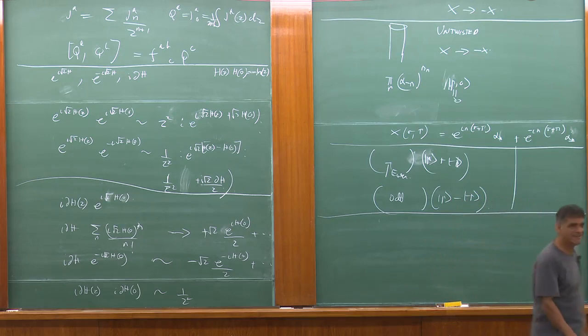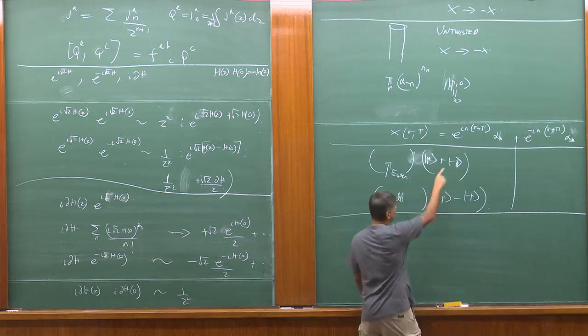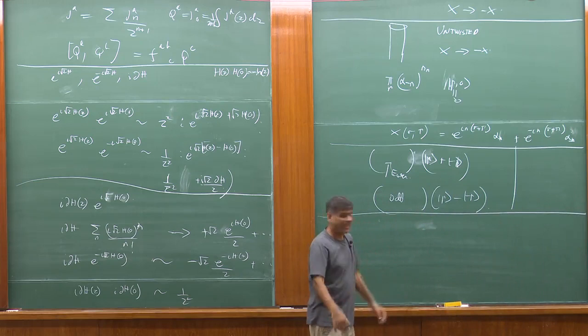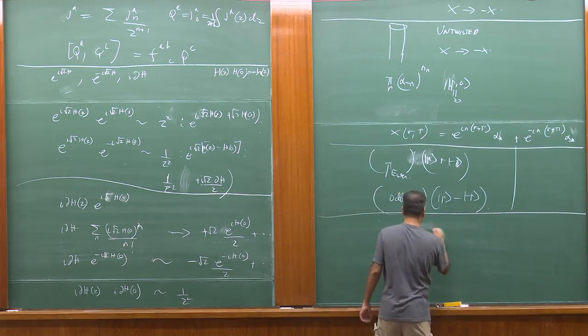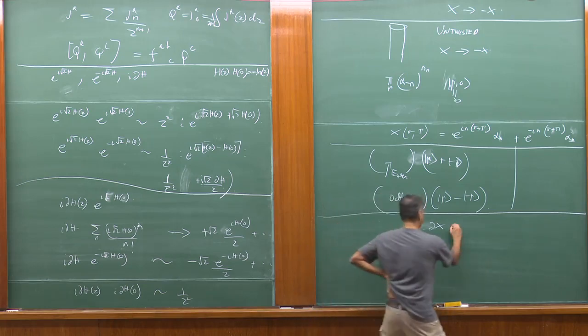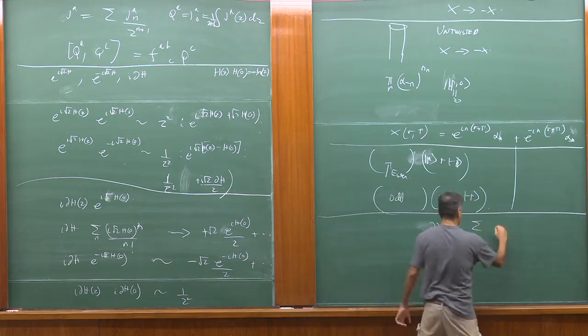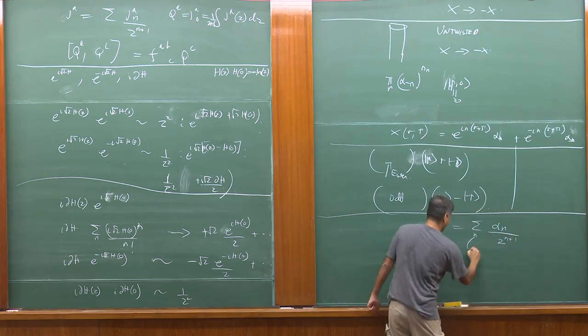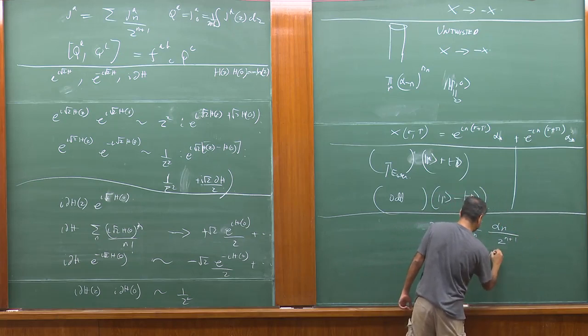Is this clear? So our expansion will be, let me write it in operator language: del x will be equal to the sum over n of alpha n divided by z to the power n plus 1, where now n is half integer.